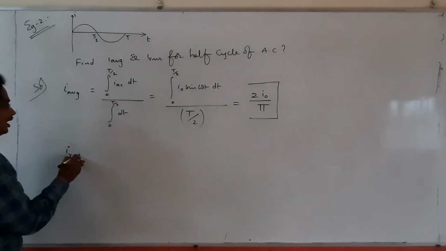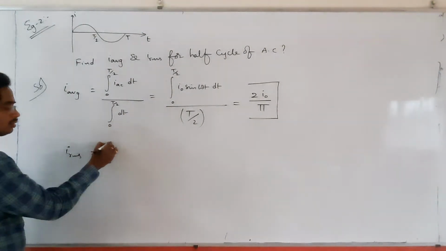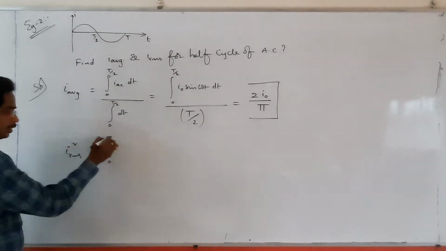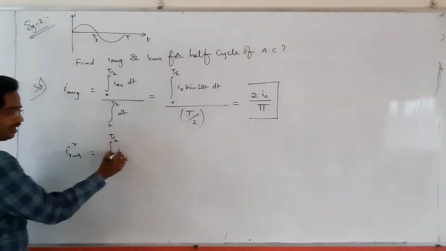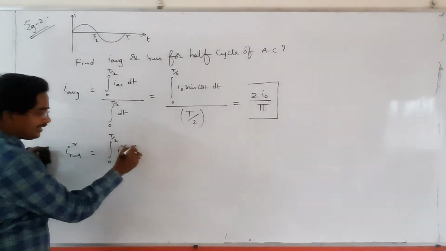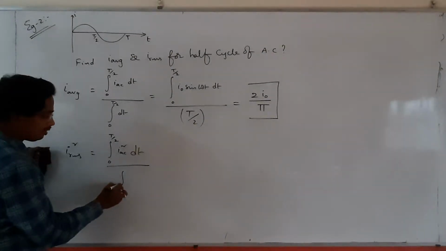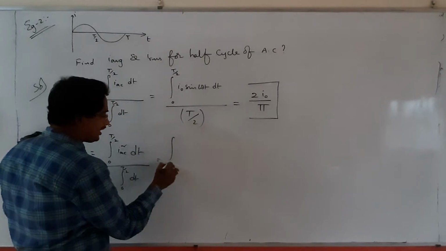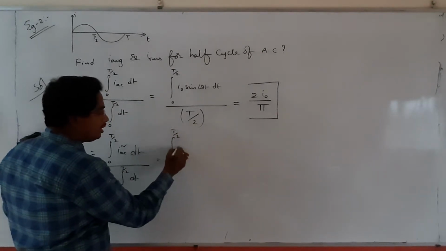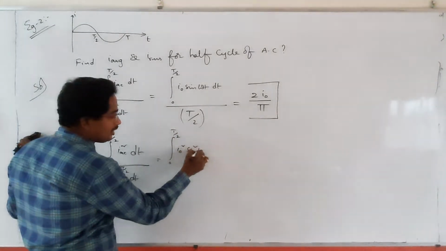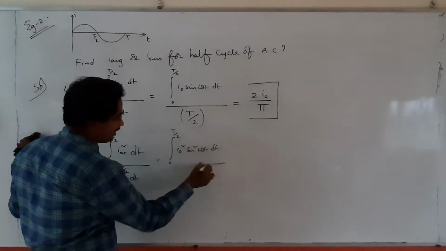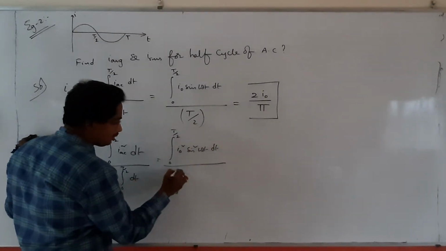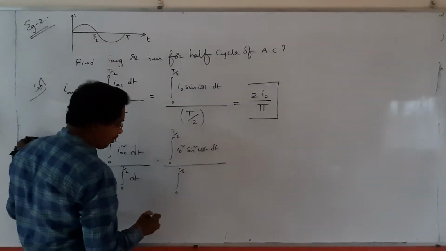IRMS equals integral 0 to T by 2 of IAC square dt by integral 0 to T by 2 dt. So how much are we getting? Integral 0 to T by 2 I naught square sin square omega t dt by integral 0 to T by 2 dt.